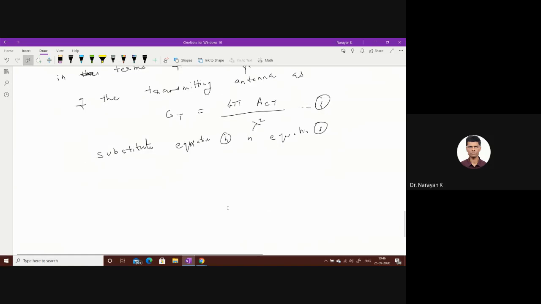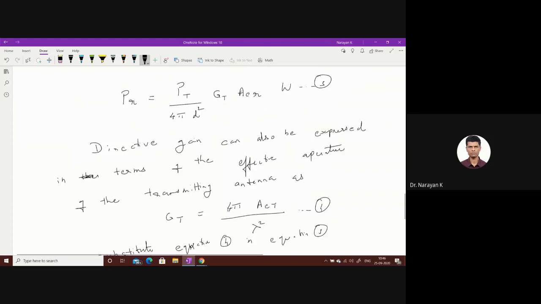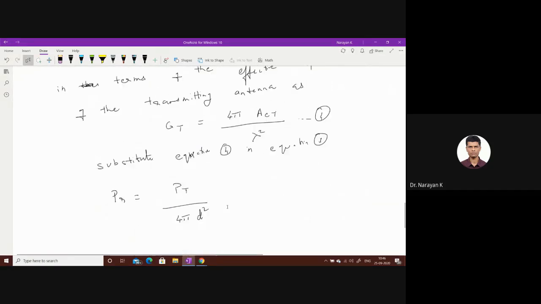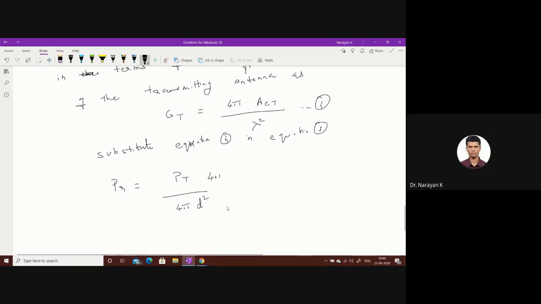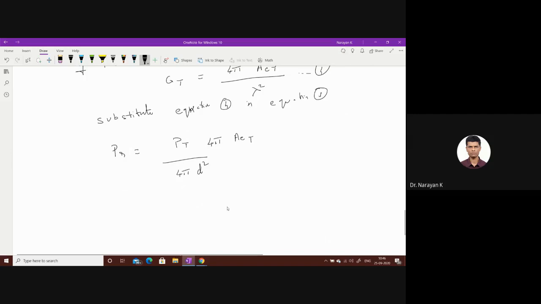Okay. So what you end up getting? Power received is equal to power transmitted divided by 4 pi d square, into gain of the transmitting antenna, that is 4 pi into effective aperture of the transmitting antenna divided by lambda square, into effective aperture of the receiving antenna.